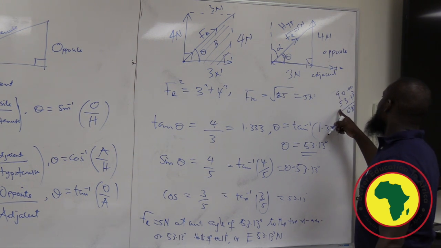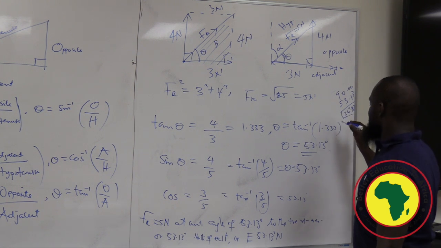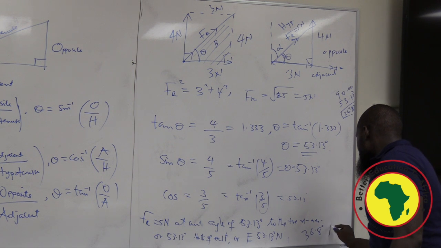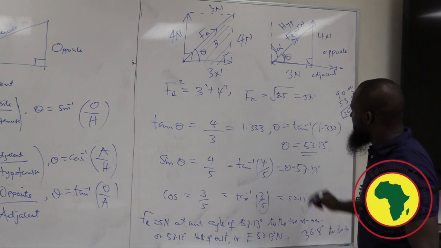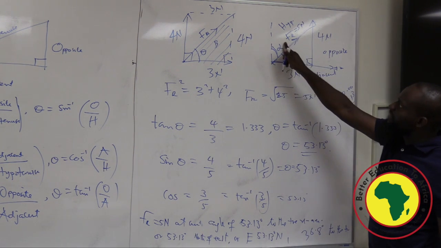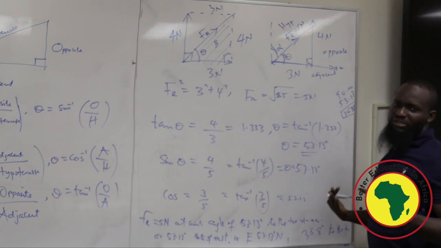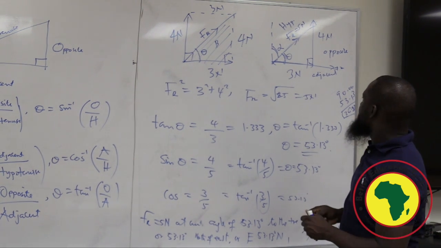And then we have 8 minus 5, 3. So 36.87. So I can say 36.87 degrees to the positive y-axis. I'm describing the same thing. Or I say 36.87 degrees east of north. It's your choice. Just take that choice and use it the way you want.